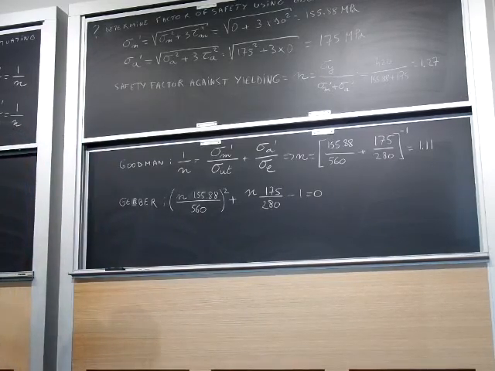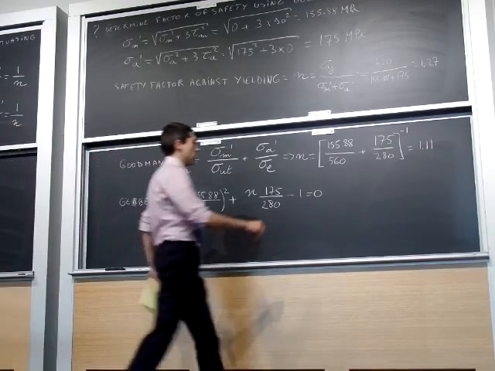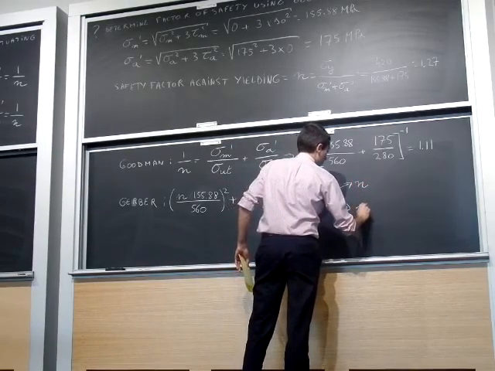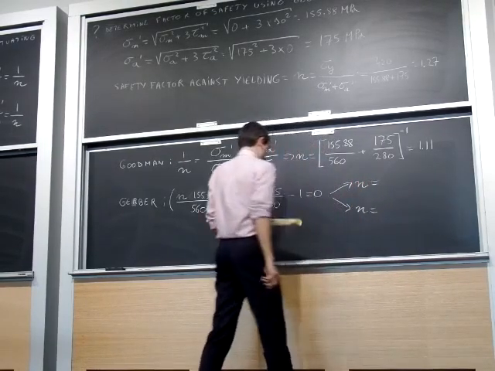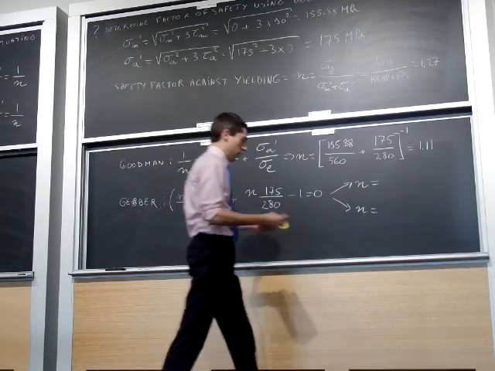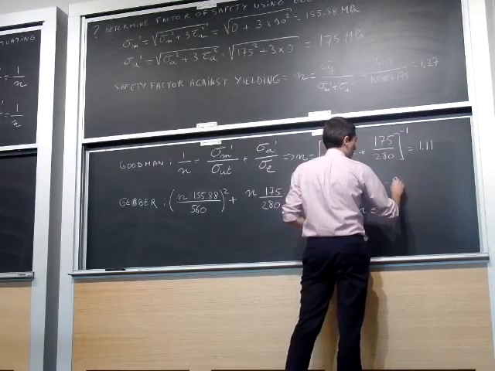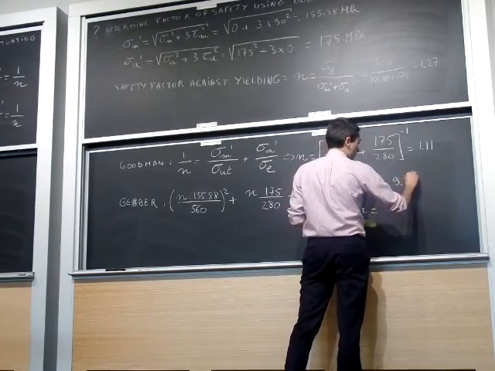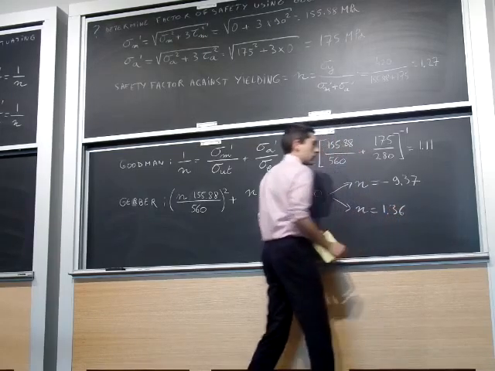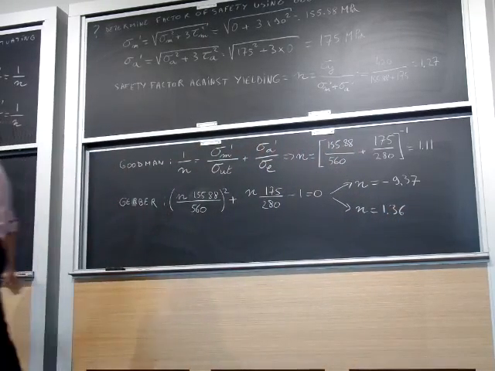And so then you can solve for n. And so you find that you're obviously going to find two solutions. The first one is minus 9.37, and the second one is 1.36. Obviously the first one does not make sense.